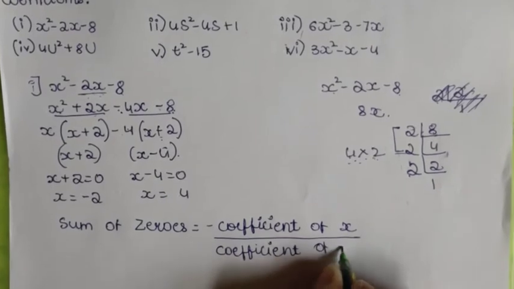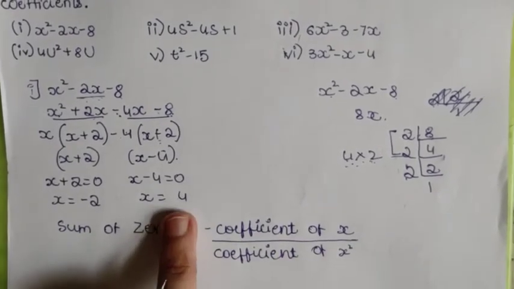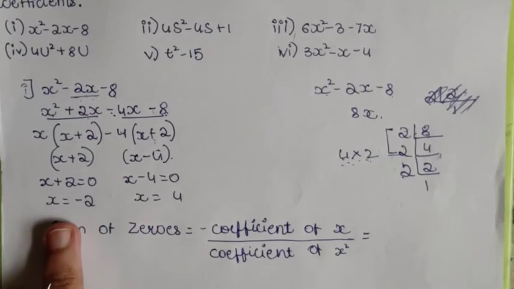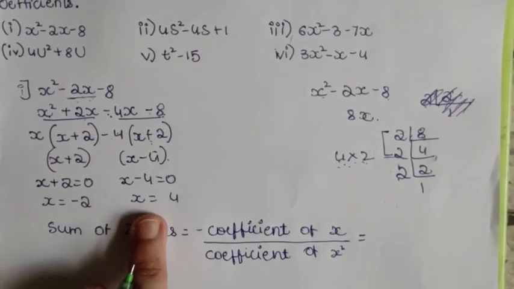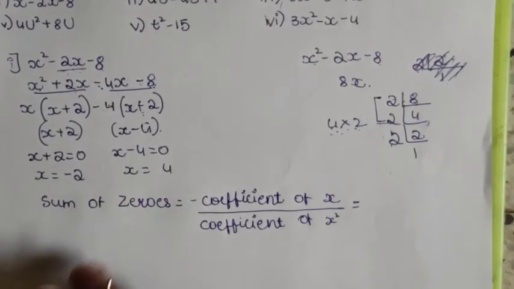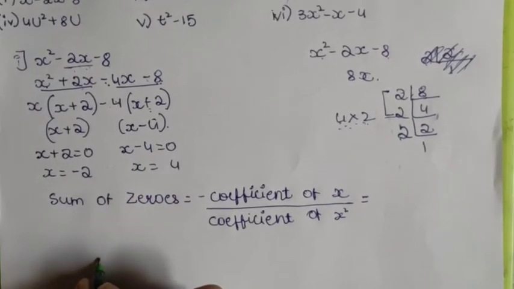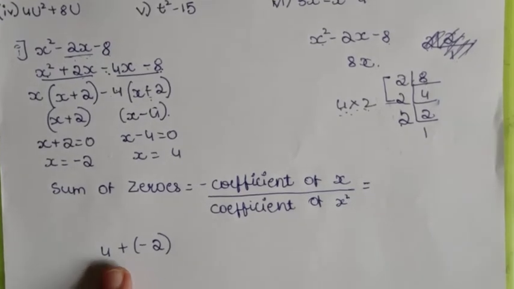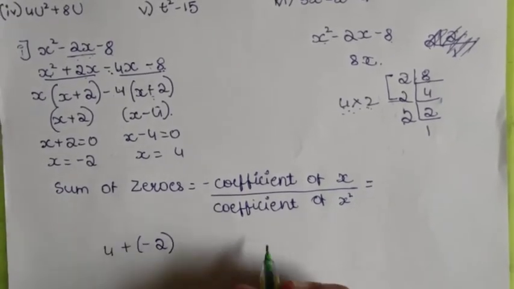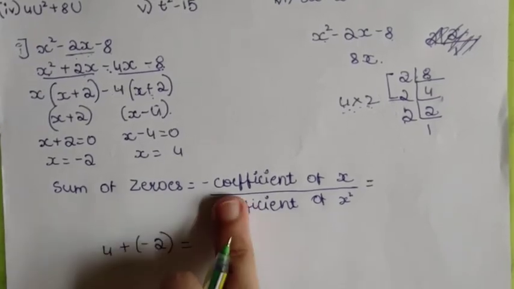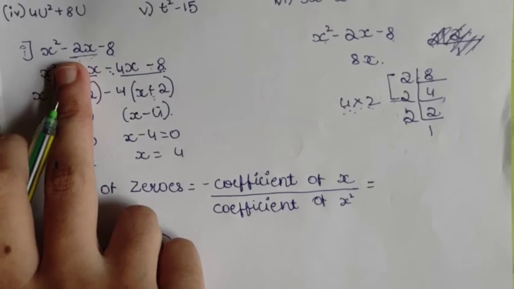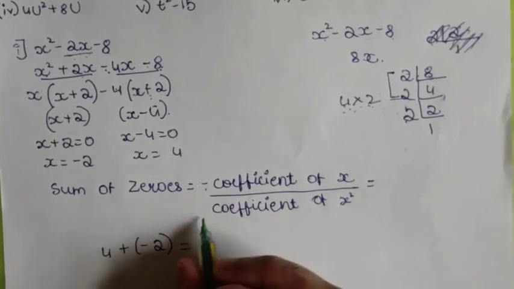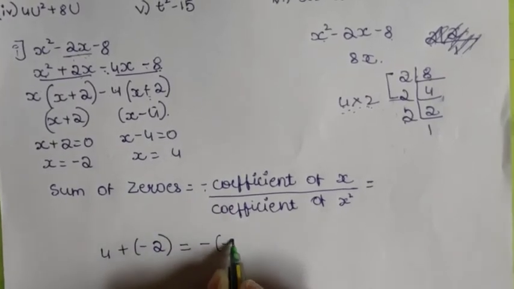The coefficient of x is 2, so it becomes minus 2.